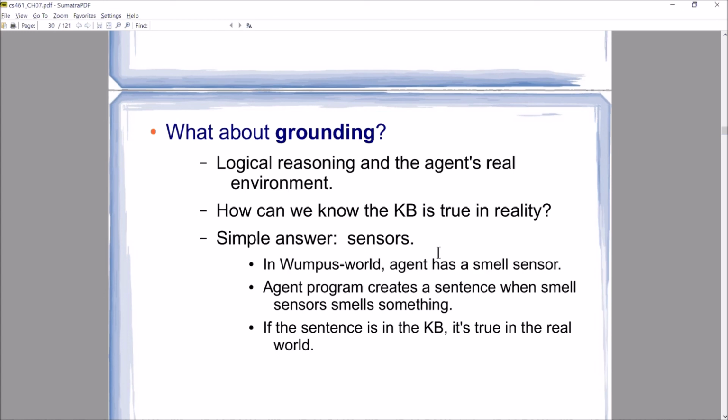How do we know that knowledge base is true? Answer, sensors. How do you perceive the world? In Wumpus World, the agent could smell. So that agent program is making its sentences. When? If the smell sensor smells something, there's a sentence that's getting generated. That sentence is getting added to or being examined against the knowledge base. If that sentence is in the knowledge base, then it's going to be true in the real world. Okay.